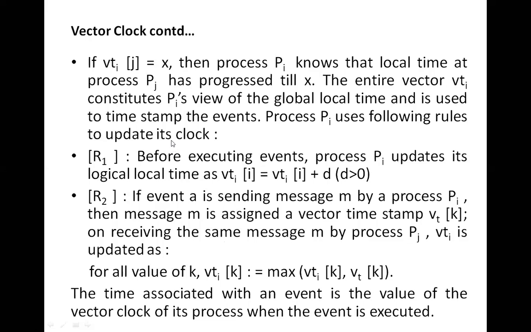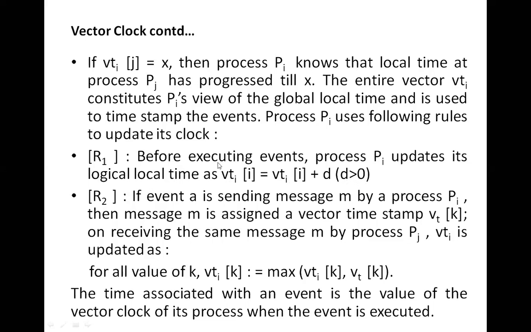Now, the first rule for the vector clock specifies that before any event is executed at a particular process Pi, this process updates its logical local time as Vti[i] is equal to Vti[i] plus d, where the value of d is greater than 0. Normally, the value of d is equal to 1.